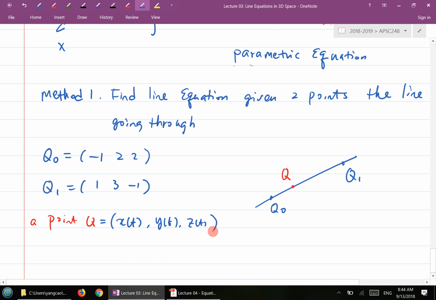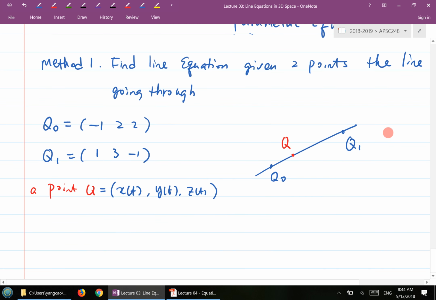So each coordinate will be a time function here. And this point is moving along the line at a constant speed. So let's make it simple, at a constant velocity.